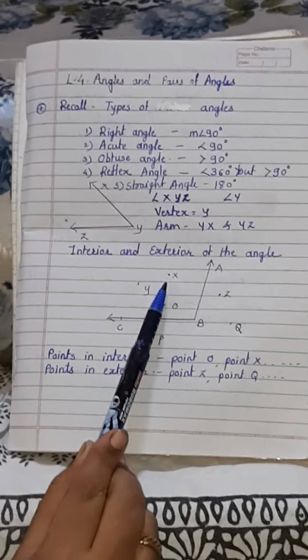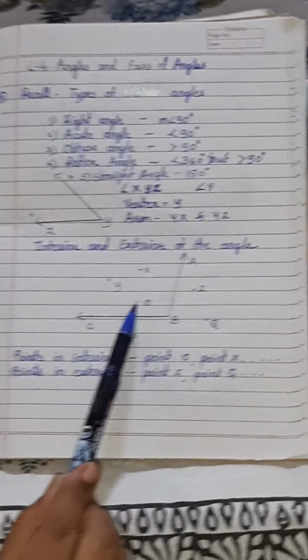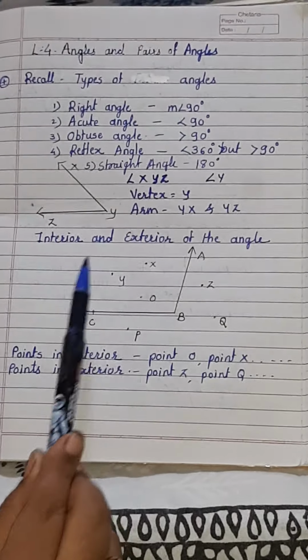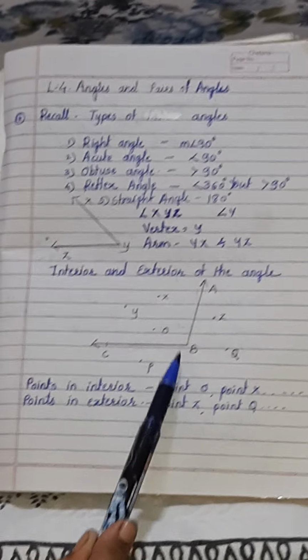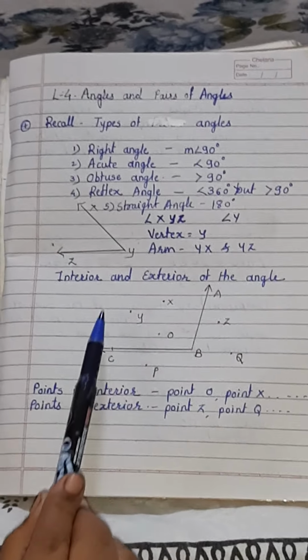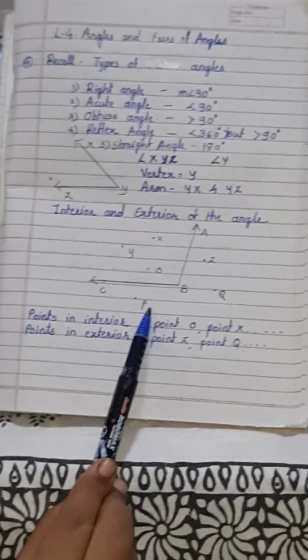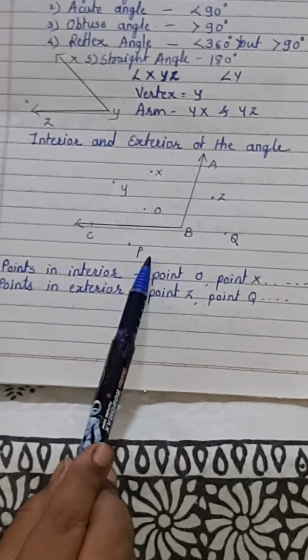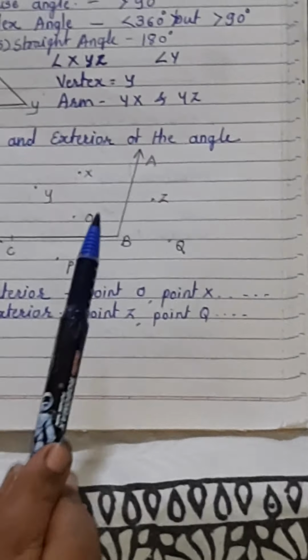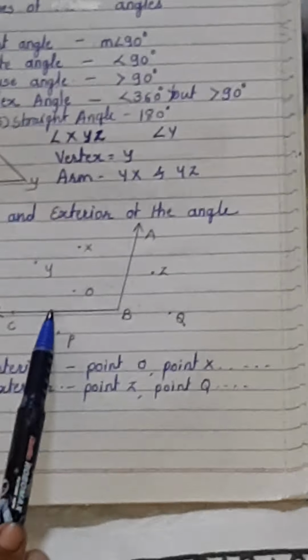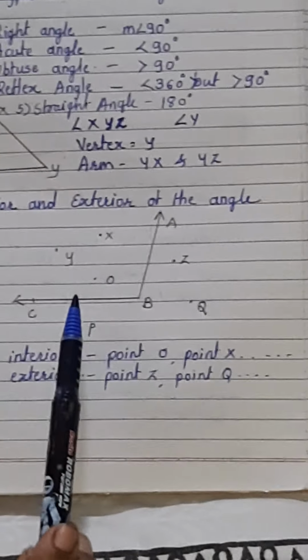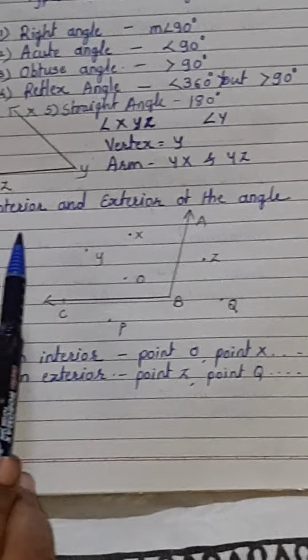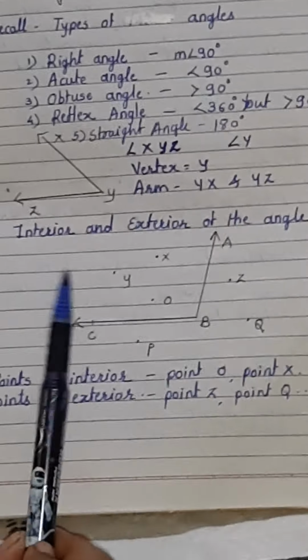You can understand. Point X, point Y and point O are in the interior of the angle. This is the interior of the angle. And point Z, point Q and point P are in the exterior of the angle. Sometimes some points are on the angle, those also we can find out. So this is interior and exterior of the angle.